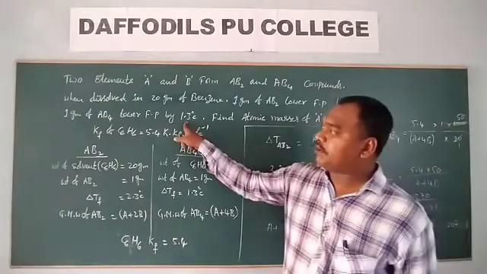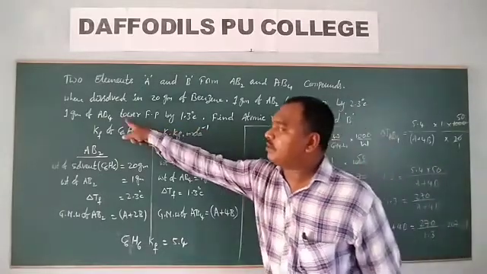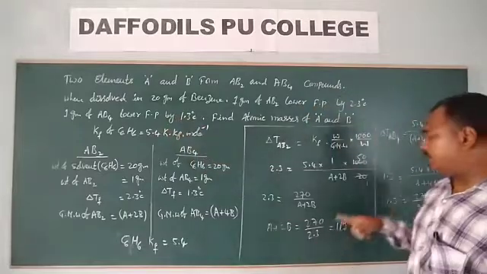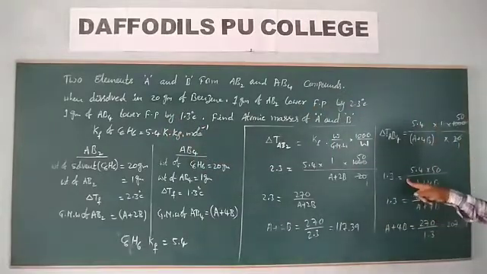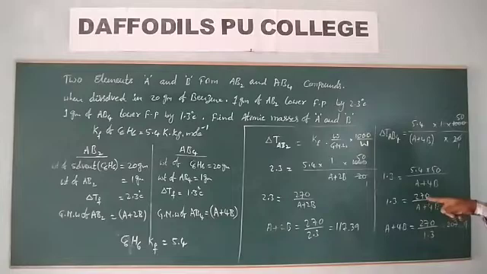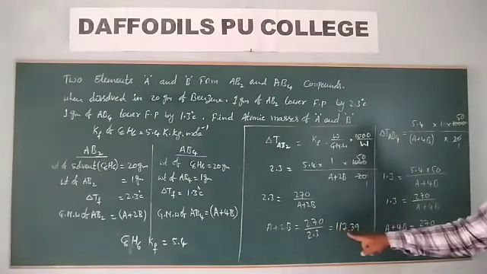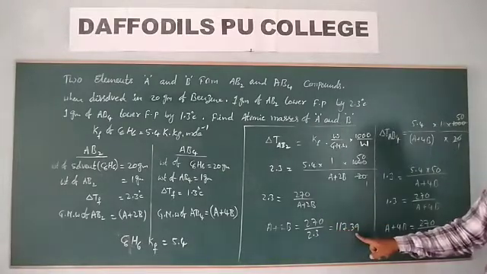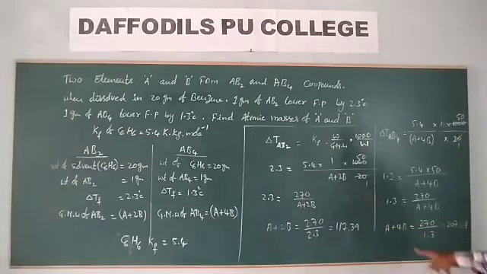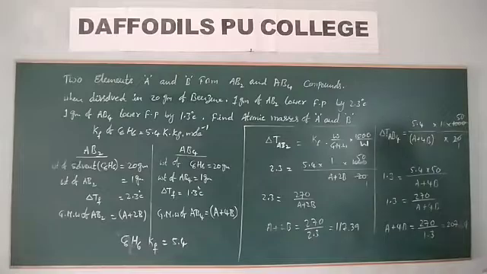The depression in freezing point of the AB4 molecule is lower, by 1.3. So A plus 2B is equal to 117.39, and A plus 4B is equal to 207.69.